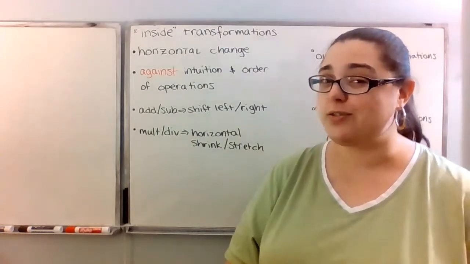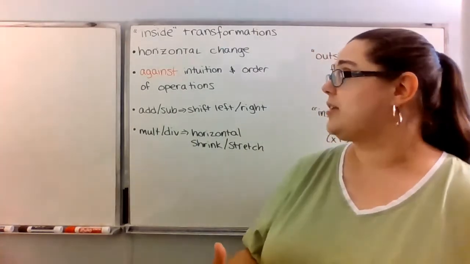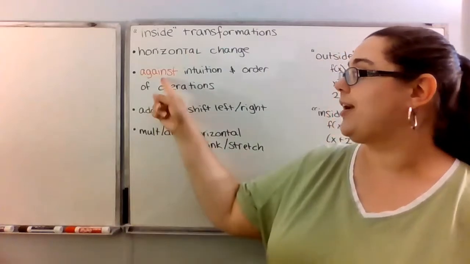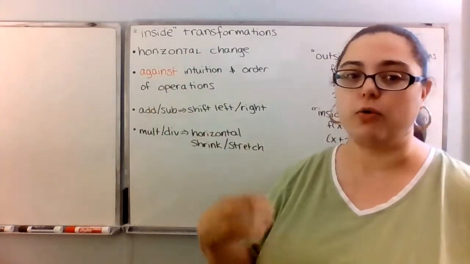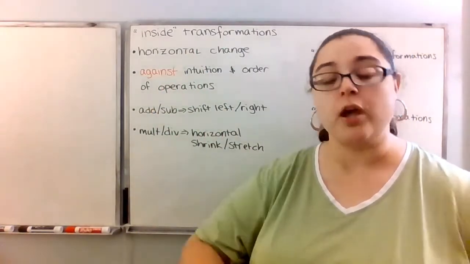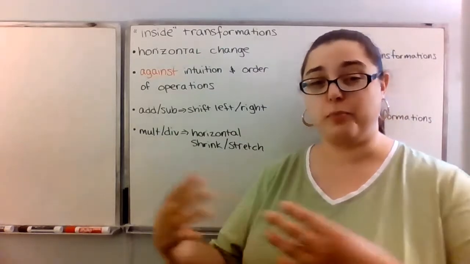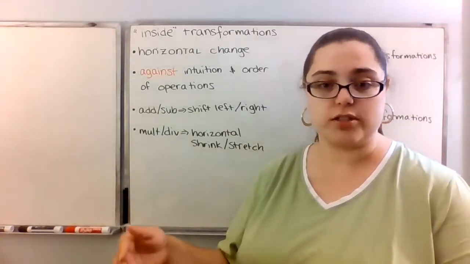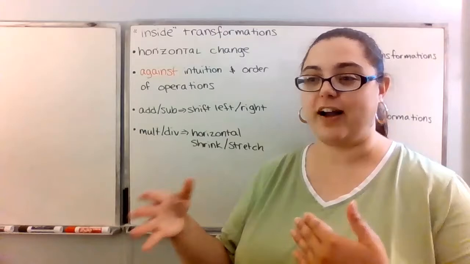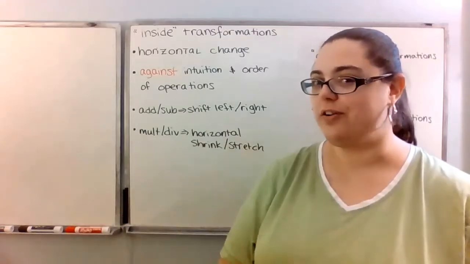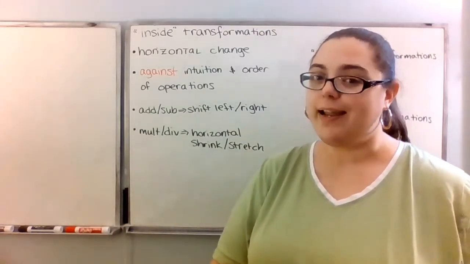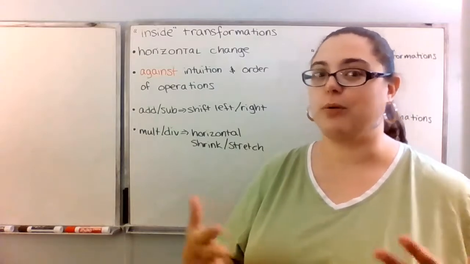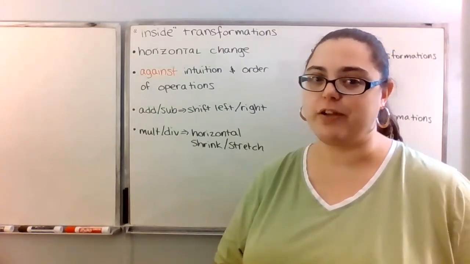This next part is the weird part. So horizontal changes or inside changes work against your intuition and the order of operations. What that means is if we have multiple horizontal changes to make, we're going to follow them in the opposite order of operations, and we're not going to do what we want to do. We kind of do the opposite of it.